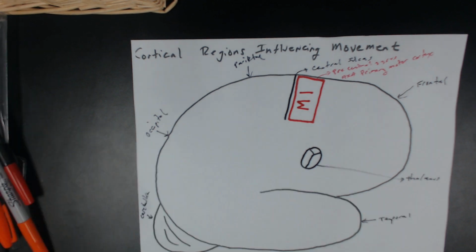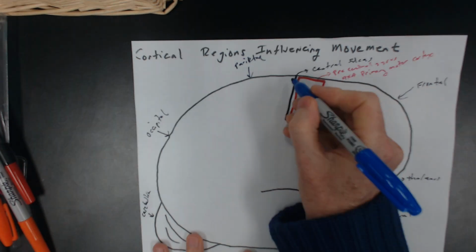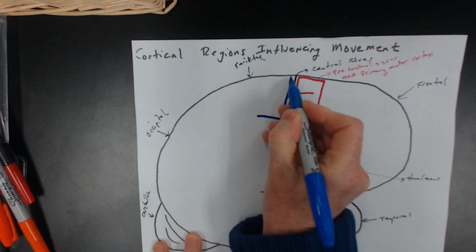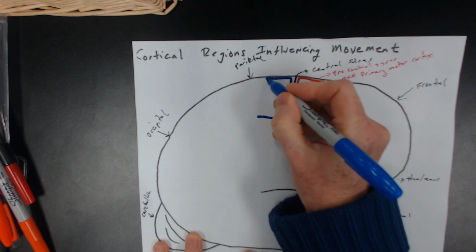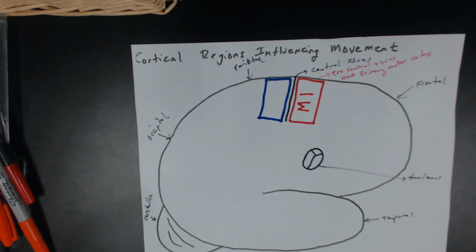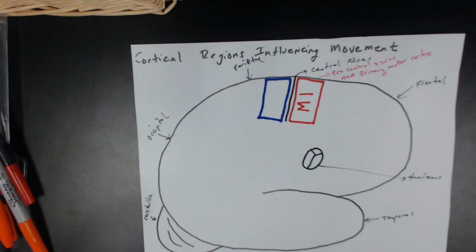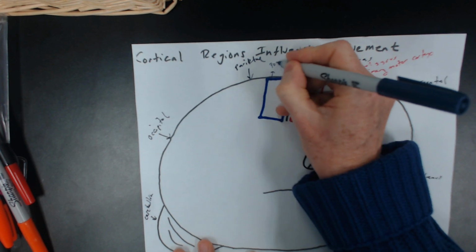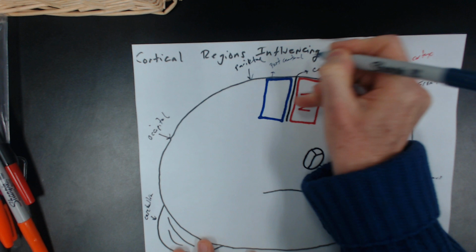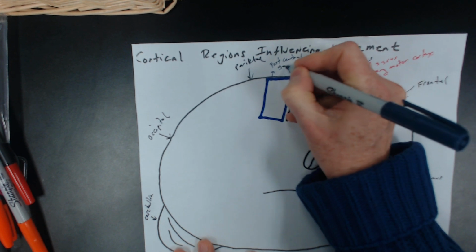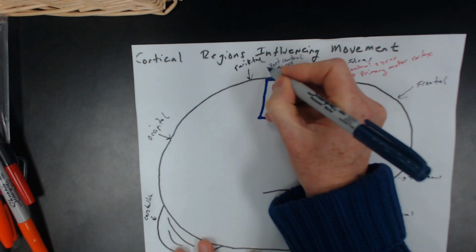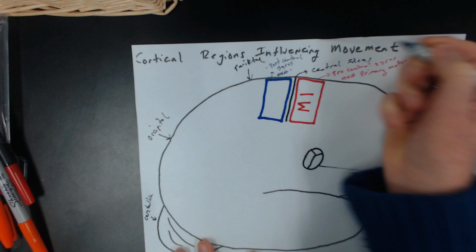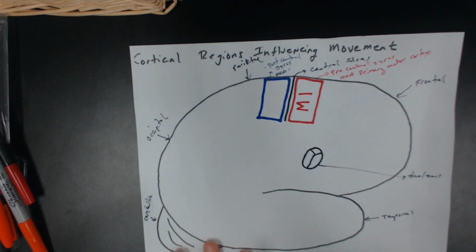Then moving on back, just behind the central sulcus, you have another important gyrus. This is your post-central gyrus. We can call it a post-central gyrus, or, same thing, it's also known as your primary somatosensory cortex.